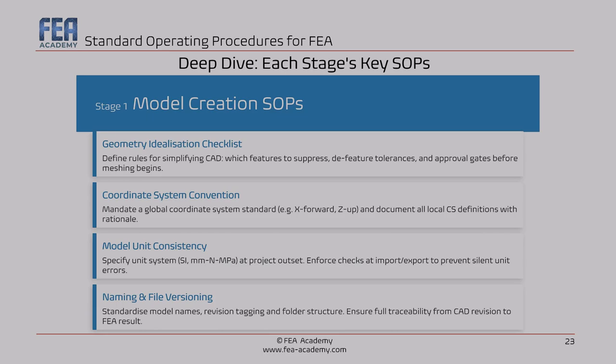Before any geometry enters the FEA environment, the analyst must document what has been simplified and why during the cleanup process. You see what I mean? Which features have been suppressed, what their stress contribution is estimated to be, and what the approval status is. This document is signed off before meshing begins, not after.